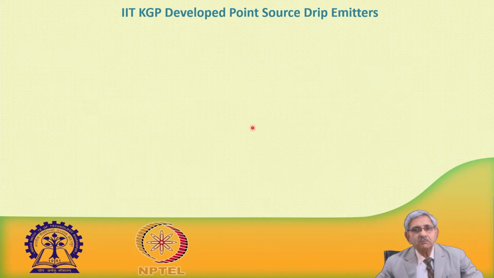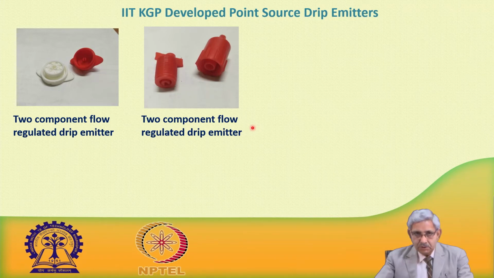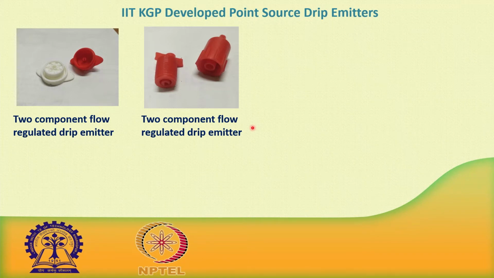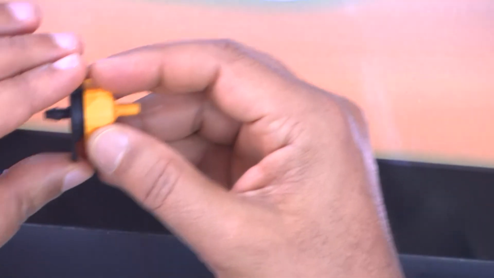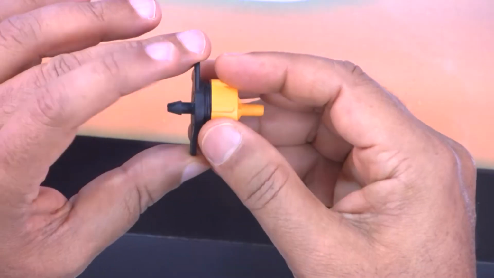Now, some of the drippers which we have made at the IIT campus. A typical, commercially available dripper is a 3 component dripper.